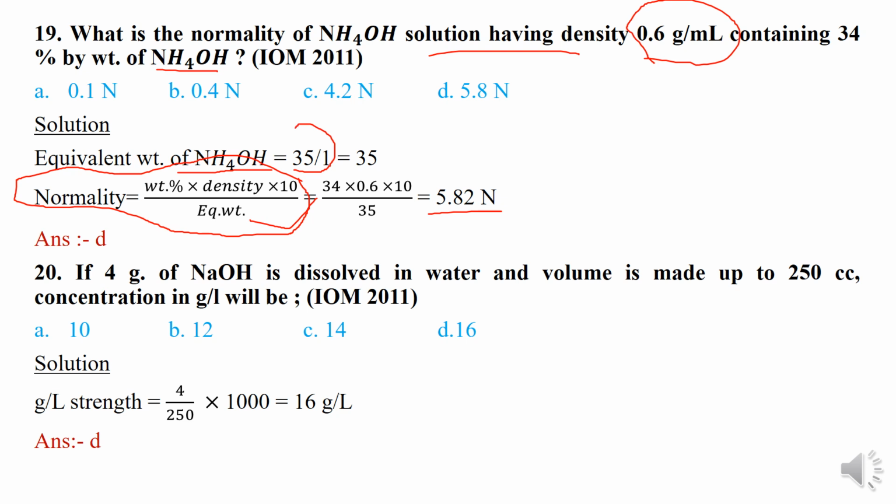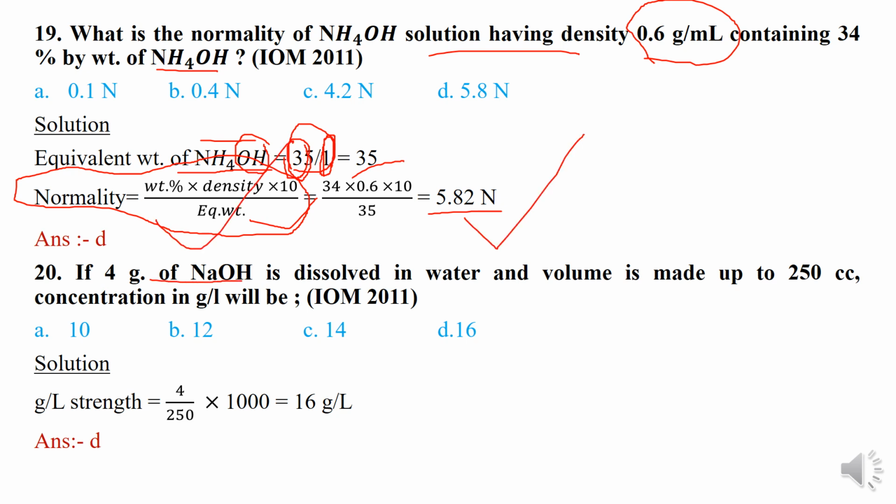It is 35. 35 is the molecular weight of ammonium hydroxide, which we can easily calculate from its molecular formula, and 1 is the acidity, that is the number of replaceable OH. Here there is only one OH, so 35 by 1 is 35. Answer will be 5.82. Just remember this formula.